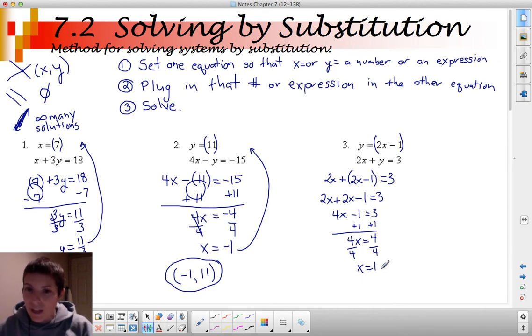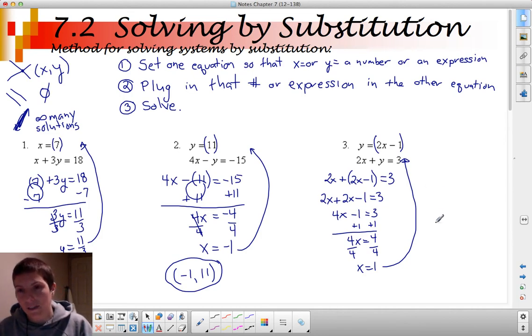So once we have that x value, we need to find our y value. So we take our x value back to the top, and we plug it in. It doesn't matter where you plug it in. I suggest pick the easy one. This one says y equals 2x minus 1.